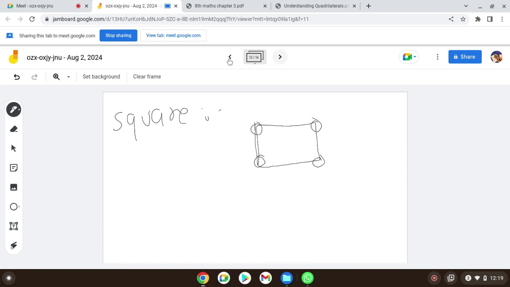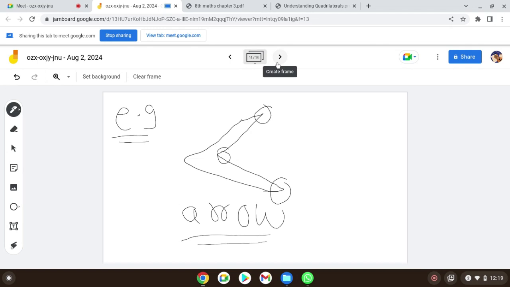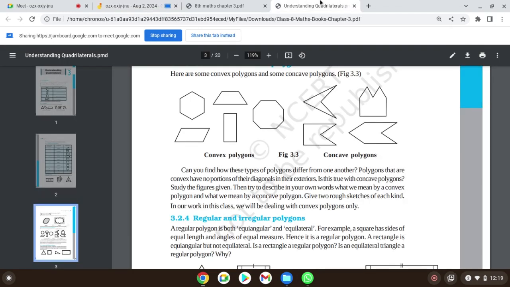They have outward corners. They have outward vertices. Okay, what makes concave different from convex? It has one side that bends inward, like the example of an arrow. Very good.